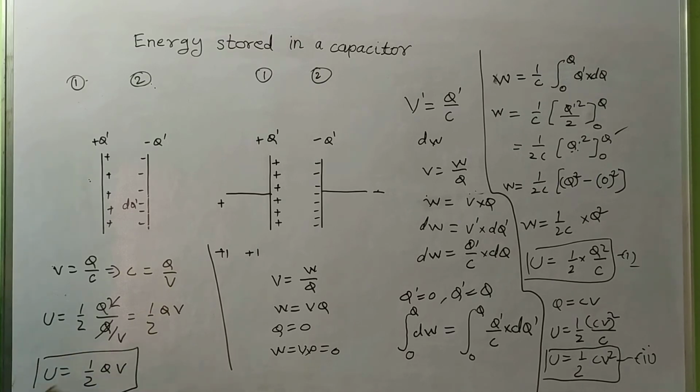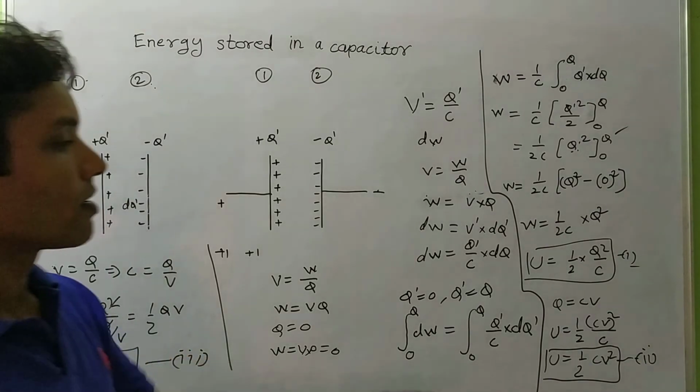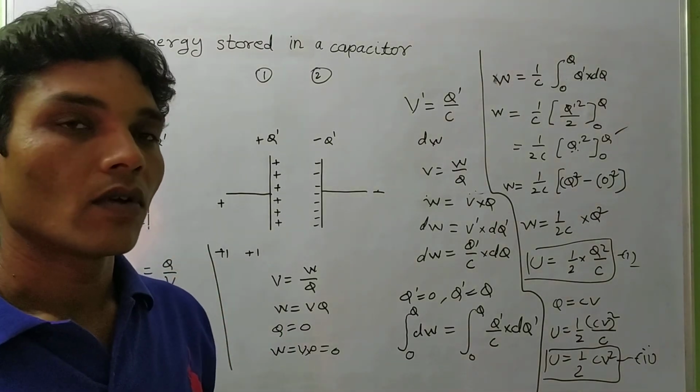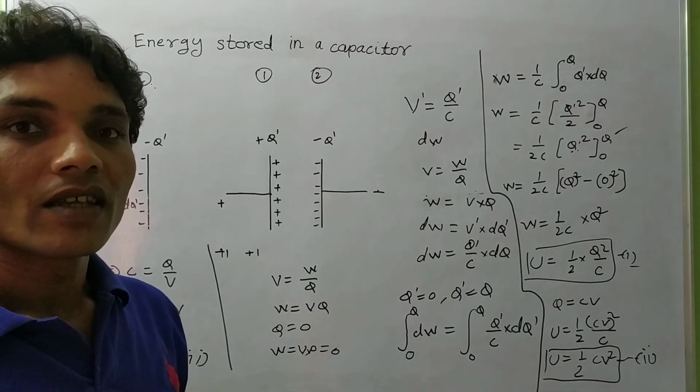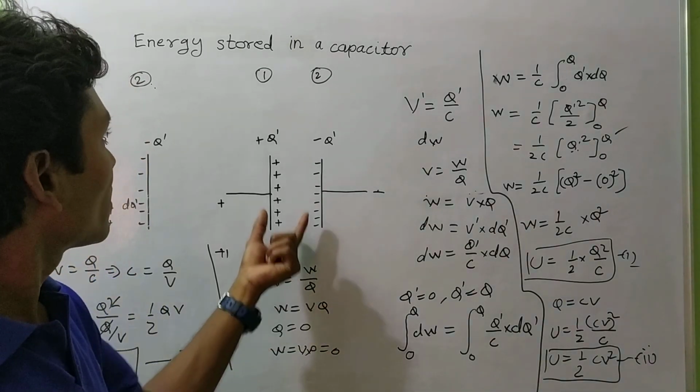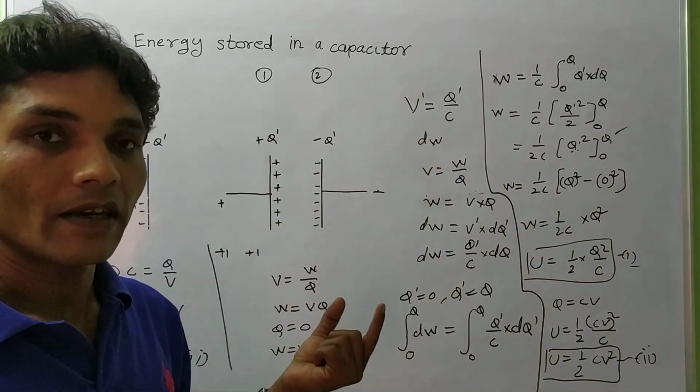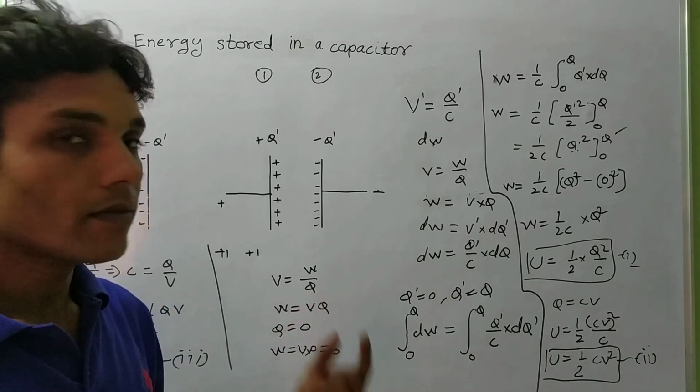This is another formula, the third formula. So there are three formulas for the potential energy stored between the two plates of the capacitor. Okay, thank you.